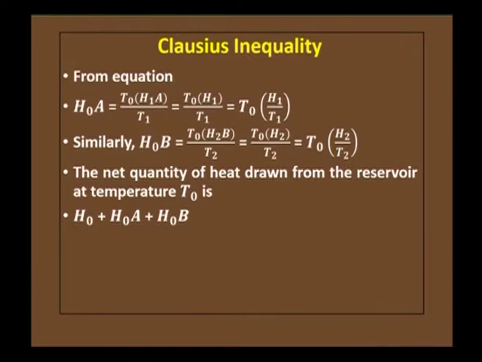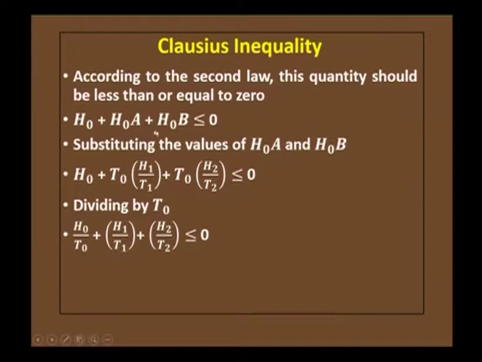Therefore, the net quantity of heat drawn from the reservoir at a temperature T0 is H0 plus H0A plus H0B. According to the second law, this quantity should be less than or equal to 0. Therefore, H0 plus H0A plus H0B is less than or equal to 0.